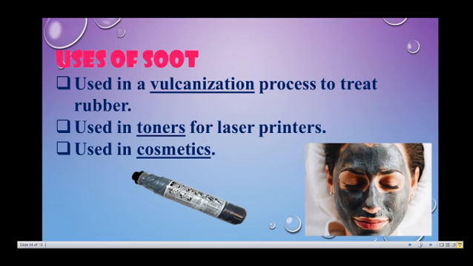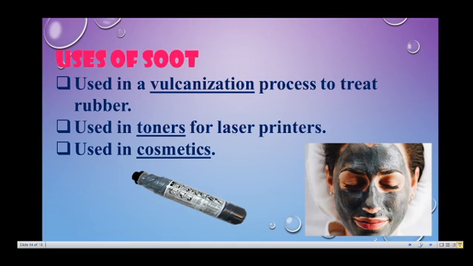So we need to make it harder, and we need to increase the tensile strength and elasticity of rubber. The vulcanization process uses soot in order to make the rubber more elastic and to increase its tensile strength. And soot is also used in toners for laser printing.